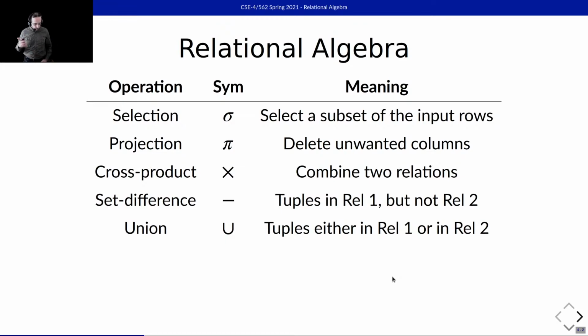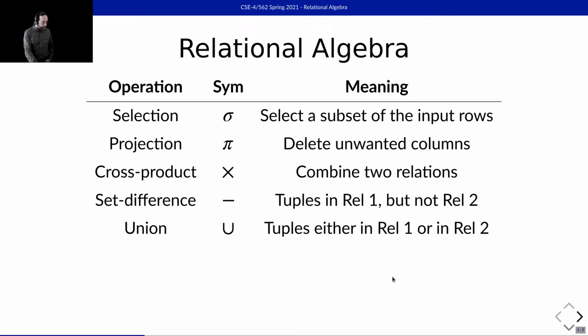And there are 5 basic primitive operations: selection, projection, cross product, set difference, union. You don't need to memorize this right here. We'll go into a little more depth in just a moment. But I just wanted to put all of these things into one table, just as a reference for you for later.